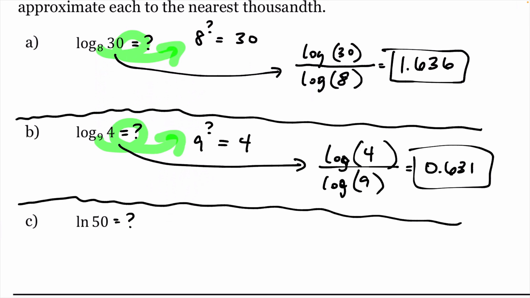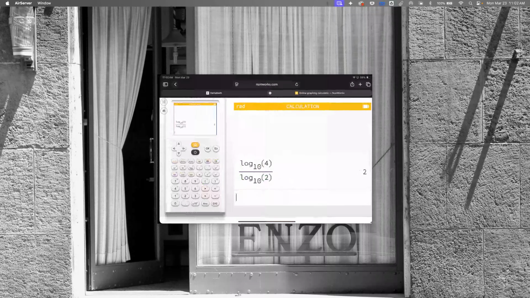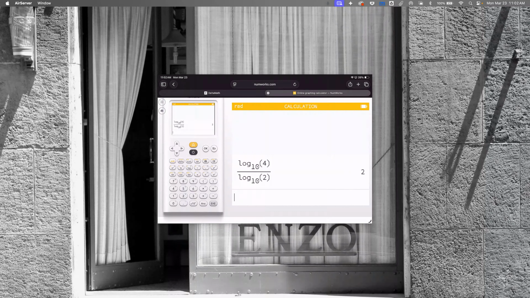Okay. ln means a natural log. It means a log, but a special type of log. We talked about this on Thursday. Right? There's actually an ln button. We don't have to do the change of base formula for this guy, because there's an ln button right next to the log button.